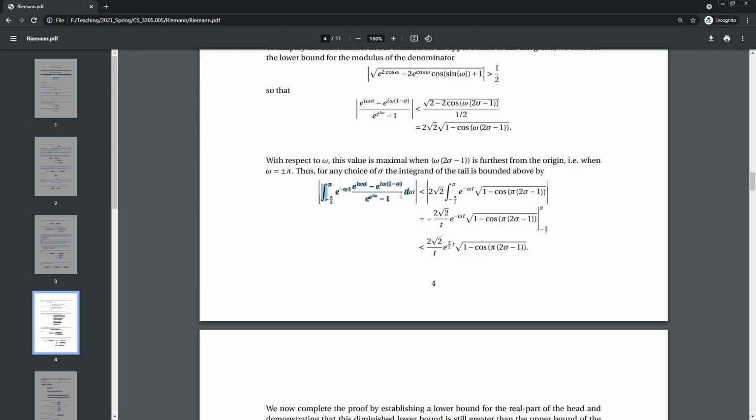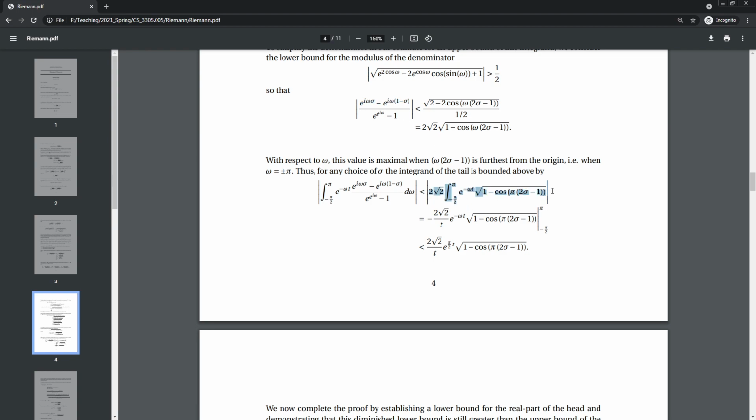We say that the absolute value of this integral is always smaller than 2 square root of 2 times the integral of this. And it comes from this statement. We have the exponential decay, and then that fraction we were looking at before: the denominator, which is always there, and the chord, the line segment, which intersects the unit circle at 2 points.